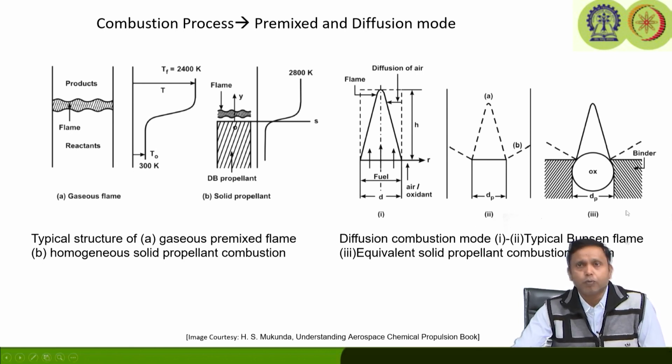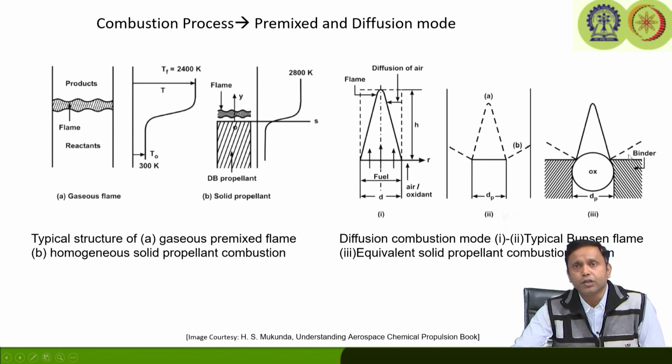In the case of a solid propellant as well, we can see similar behavior in typical composite propellants, where we have solid oxidizers. The oxidizer particles decompose and provide some oxidizing species, whereas the fuel binder, which may be a polymeric binder, will pyrolyze and vaporize and produce some fuel species.